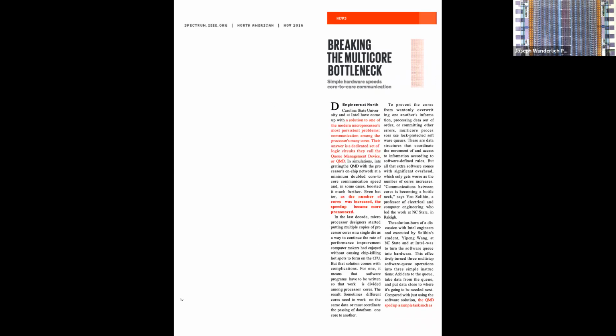This is an article out of IEEE Spectrum magazine by the Institute of Electrical and Electronics Engineers, and it's named Breaking the Multi-Core Bottleneck. So before you take a look at this, you should understand Amdahl's law and the law of diminishing marginal returns, and how typically interprocessor communication makes it such that you cannot scale and speed up as you scale the number of processors or cores.